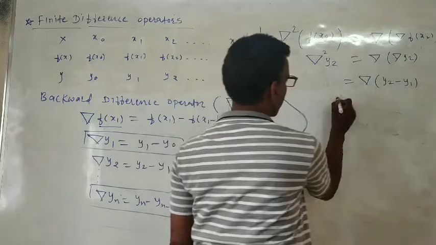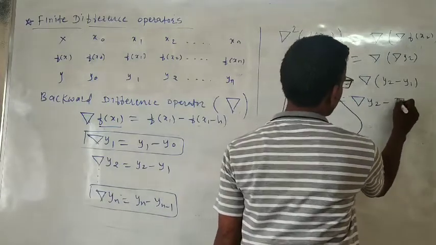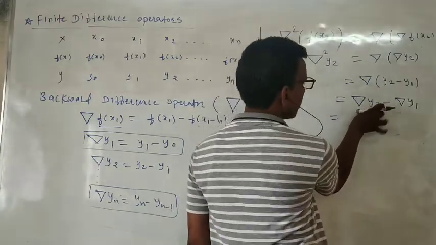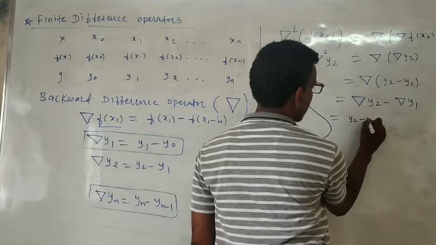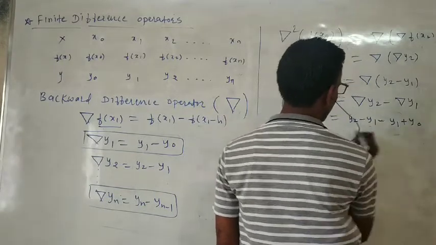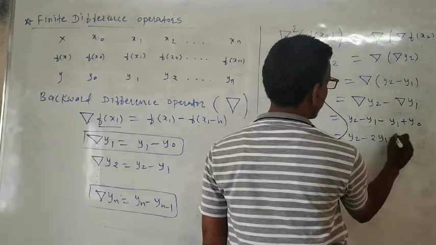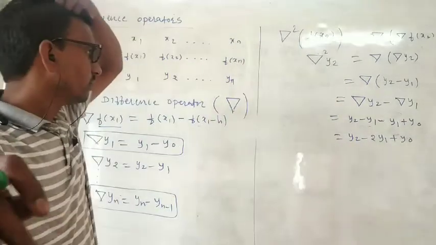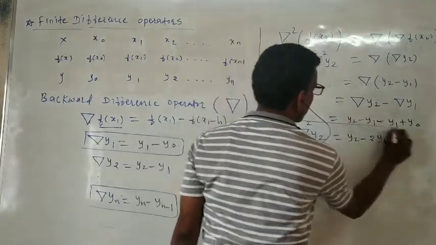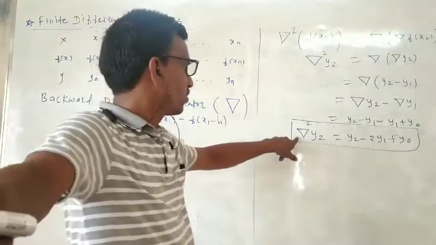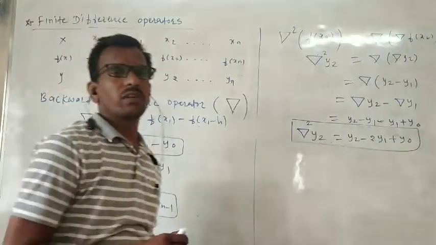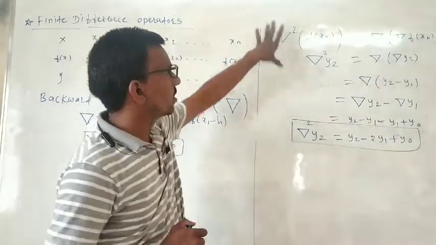By distributing and using the formula, this can be written as y2 minus y1 minus y1 plus y0, that is, y2 minus 2y1 plus y0. Second order backward difference operator of y2 is equal to y2 minus 2y1 plus y0. Similarly, we can define third order and fourth order backward difference operators, and so on.